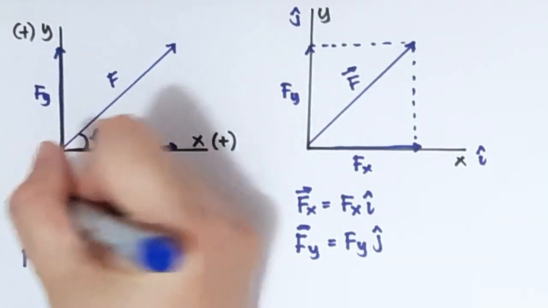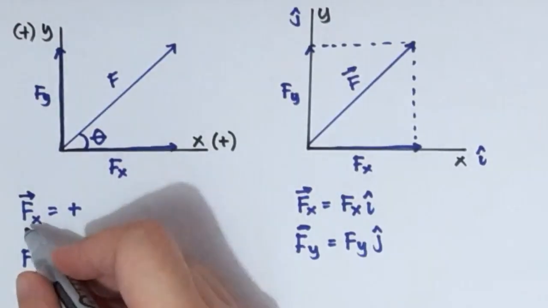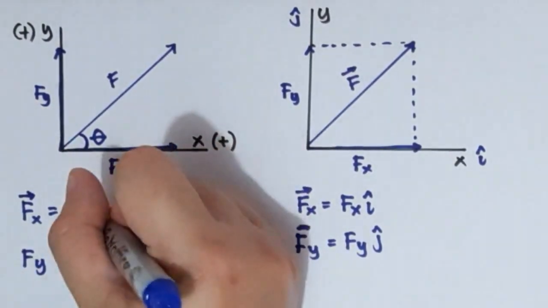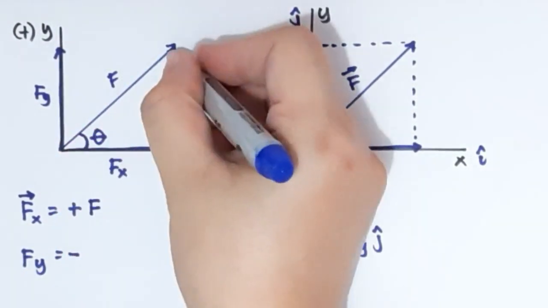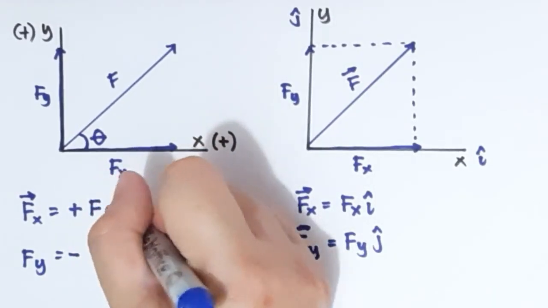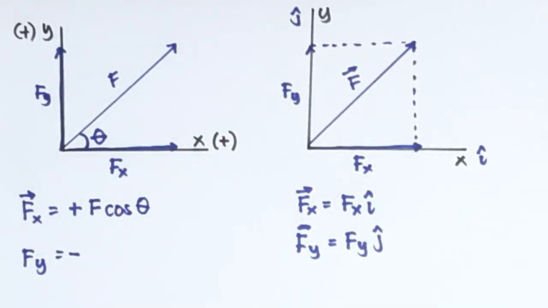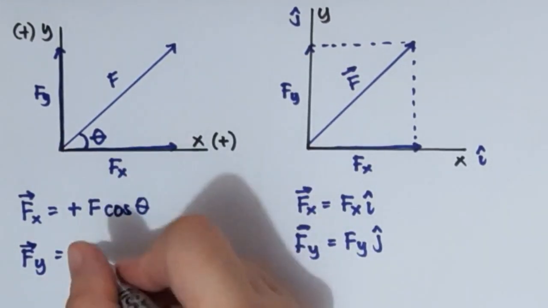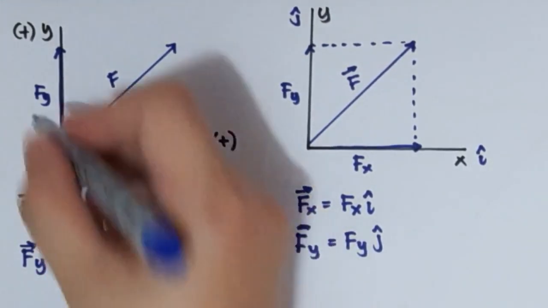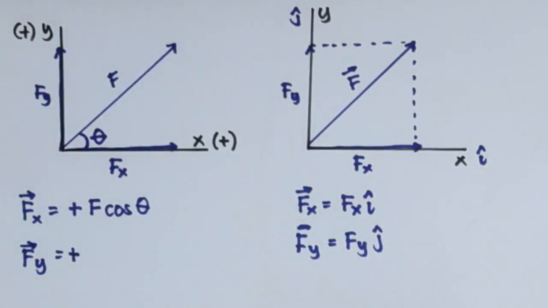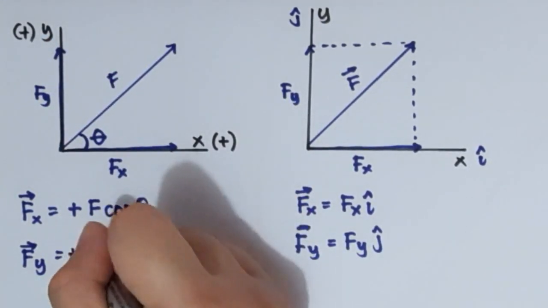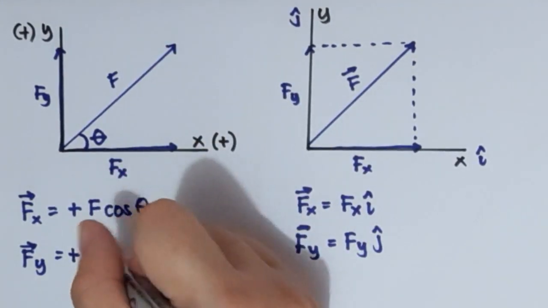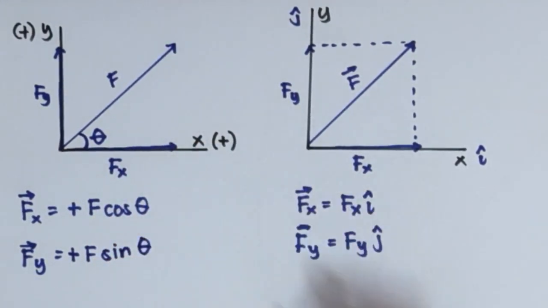If we make this our force along x, that is positive, whatever the magnitude of F, cosine theta. That is how to solve the x component of our vector F. For the y component of our vector F, that is positive again because this is lying along positive y, so it is the magnitude of F, sine theta.